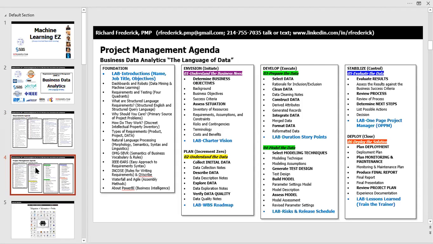However, if you look deeper into the agenda, you'll see that it's really specifically about data. This agenda comes from the cross-industry standard process for data mining and machine learning, which is where I got some of the information that I'm going to speak to today.